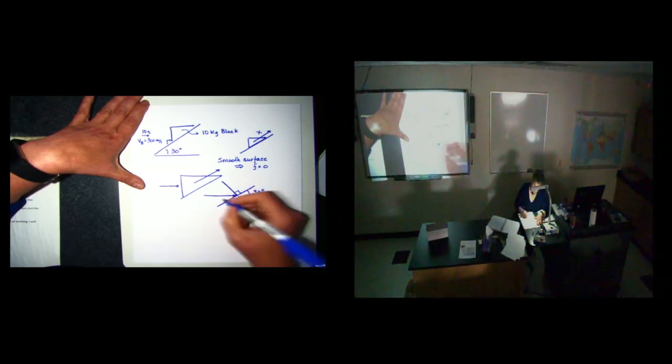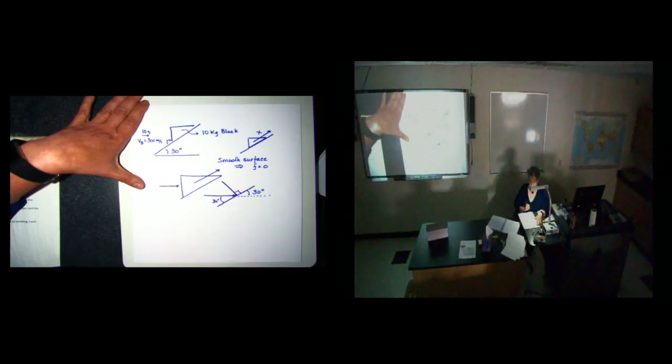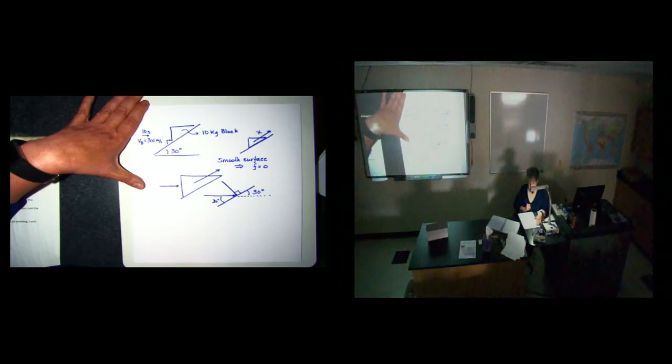So that means the velocity parallel then becomes v cosine 30 degrees. Okay, so you see why I did that? Because I need the velocity in the frame of reference that's going to make it easy on myself to do the problem.